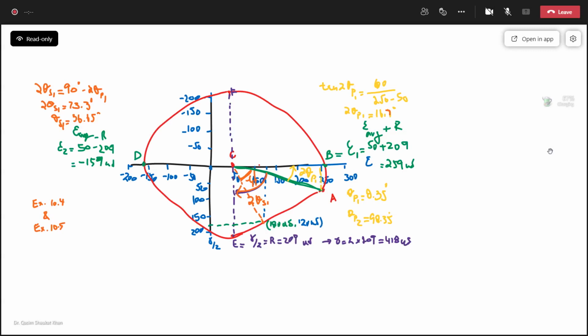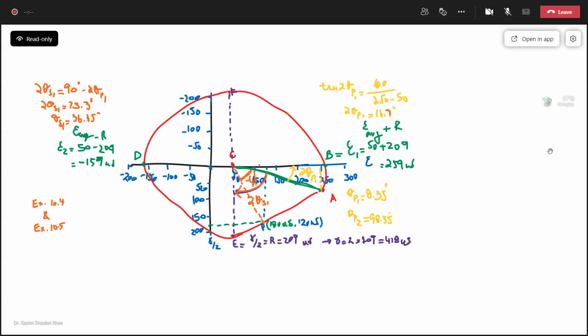So this is your point P basically. And this angle is basically your 2 theta, 40 degrees.